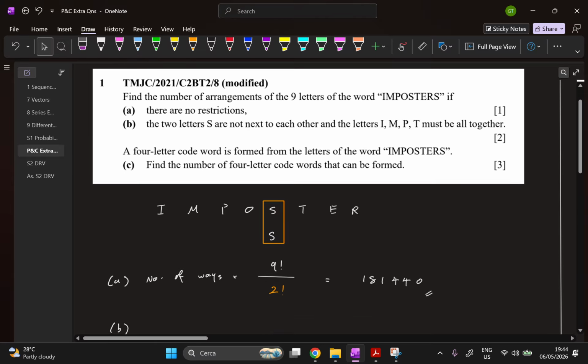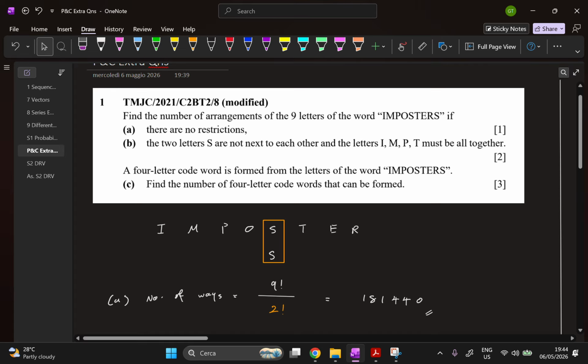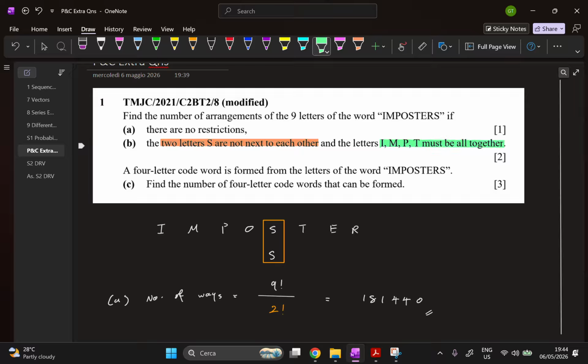And next, this is where it starts to get slightly tricky. Now it says I want the 2 S's, so I've already put the S's in orange, right? So I want the 2 S's not next to each other, and these 4 letters I, N, P, T must be together. So what we can do is, let's first think about what can be together.